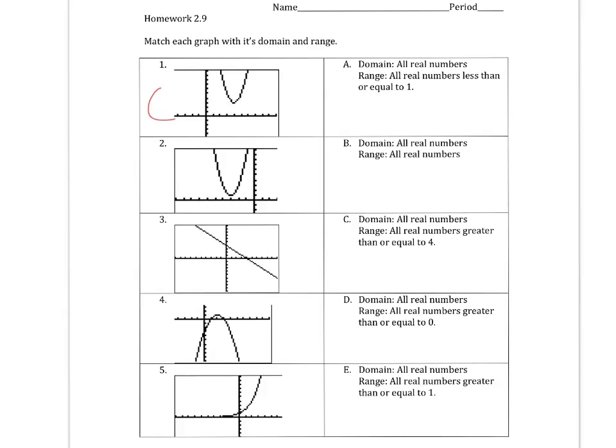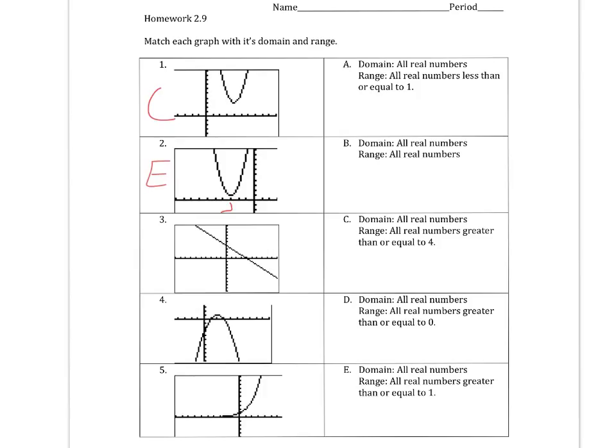Number 2, we have another parabola with its vertex a little bit lower. It goes to 1 right in there, so 1 or 2. And so we have that answer right down here, all real numbers greater than or equal to 1, so I feel like that's letter E. Number 3 is a straight line.